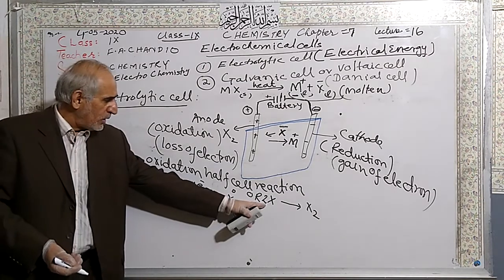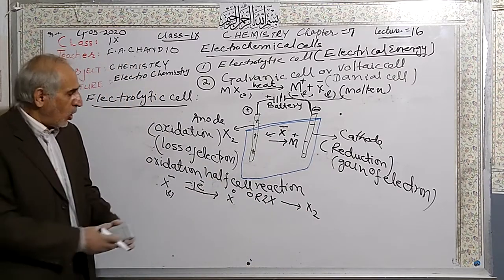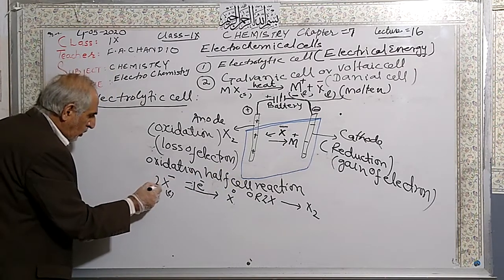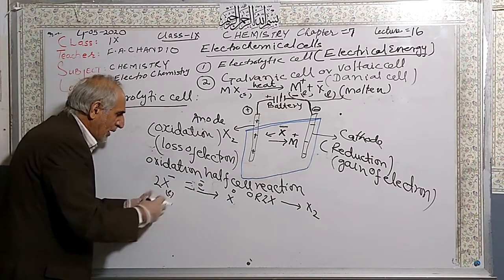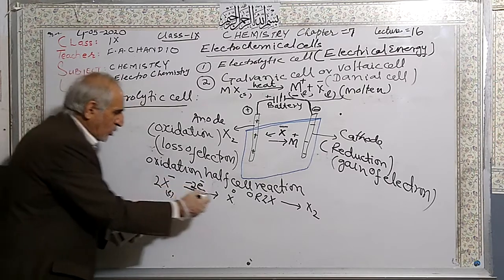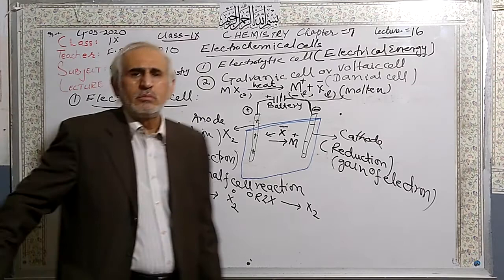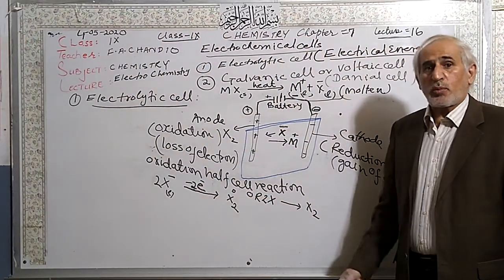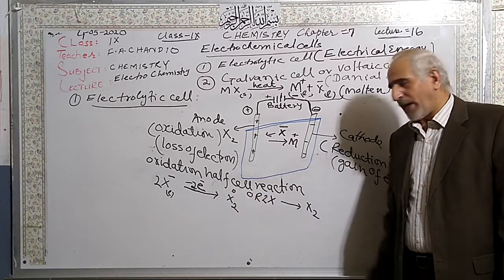So that's why these atoms combine to form X2 in the next step. Or write directly, no need for writing this step: 2 halide ions, by losing 2 electrons, give a halogen molecule, a chlorine molecule. So it's your choice, both are correct, because this halogen atom does not exist.